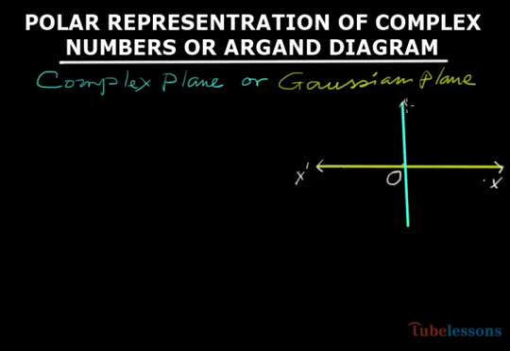Another is Y O Y dash, and they are perpendicular to each other. So the first one, X O X dash, is called the X axis, and this is the Y axis.